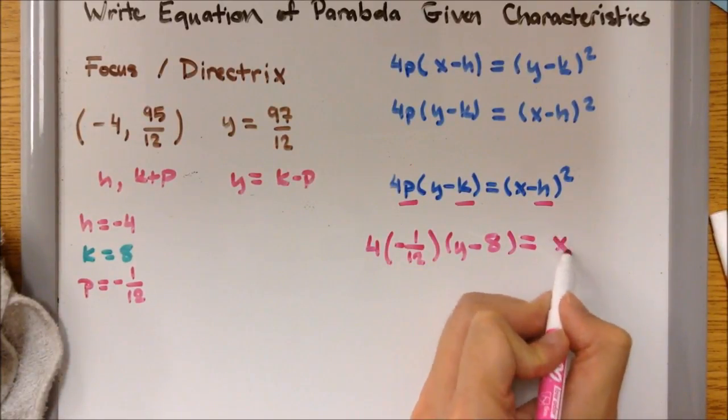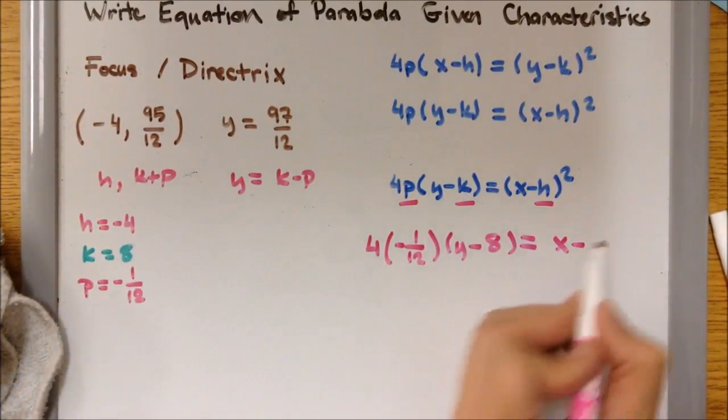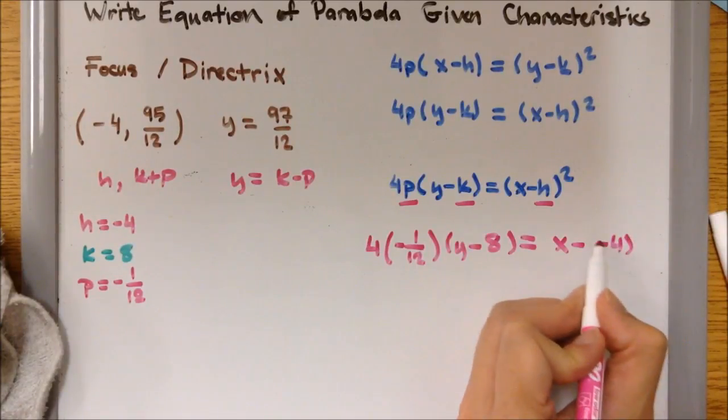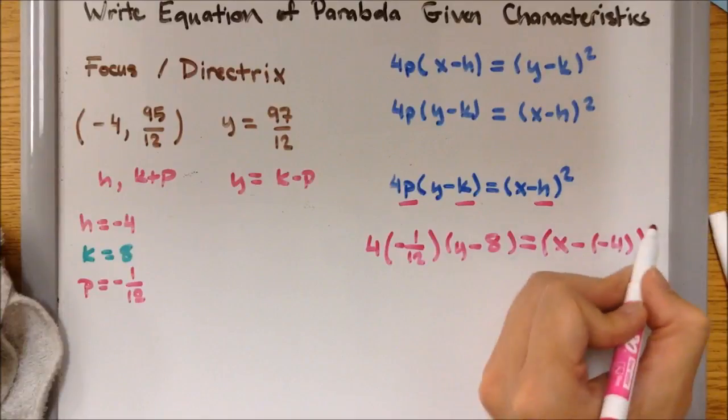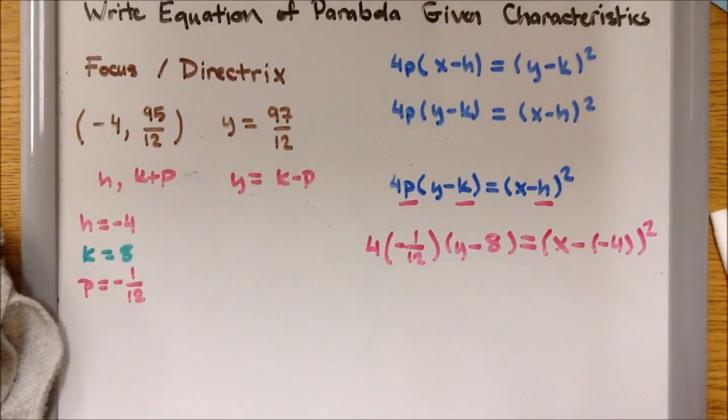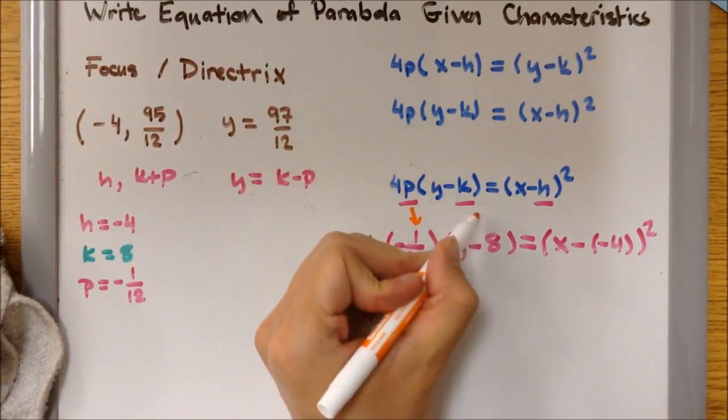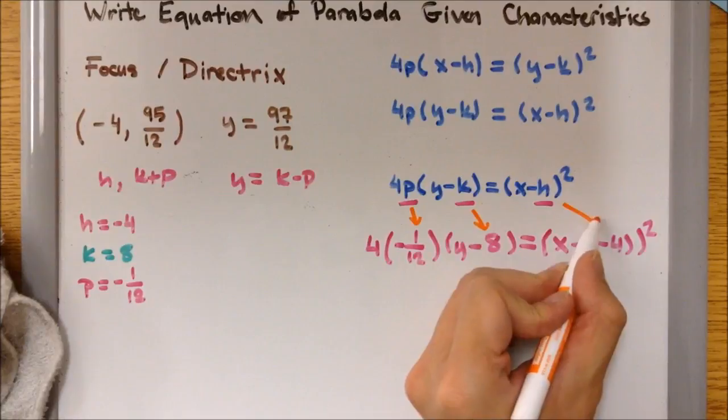And then x minus, my h value is negative 4. So I'm going to include a set of parentheses on the negative 4. Another set of parentheses on the x minus h with the square. So this is the p value, the k value, and the h value.